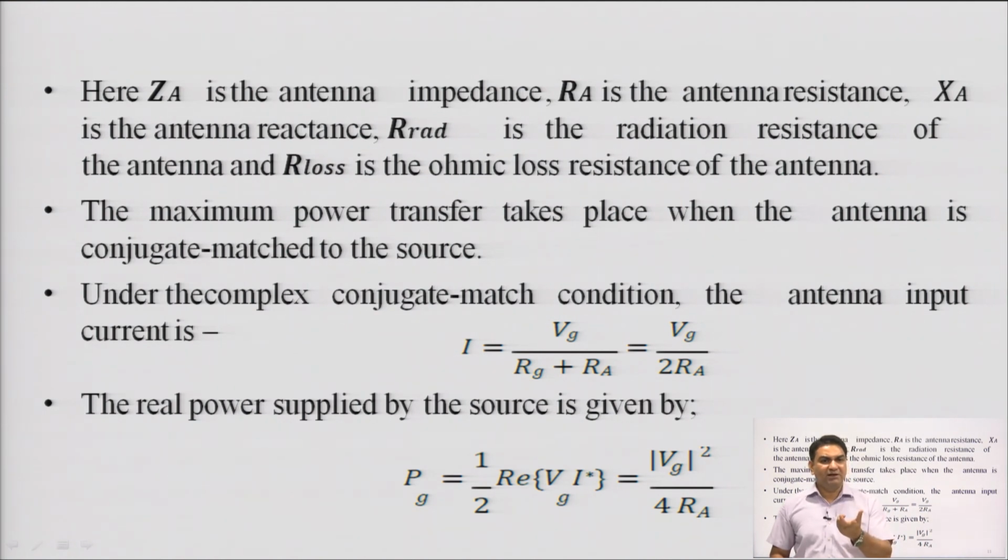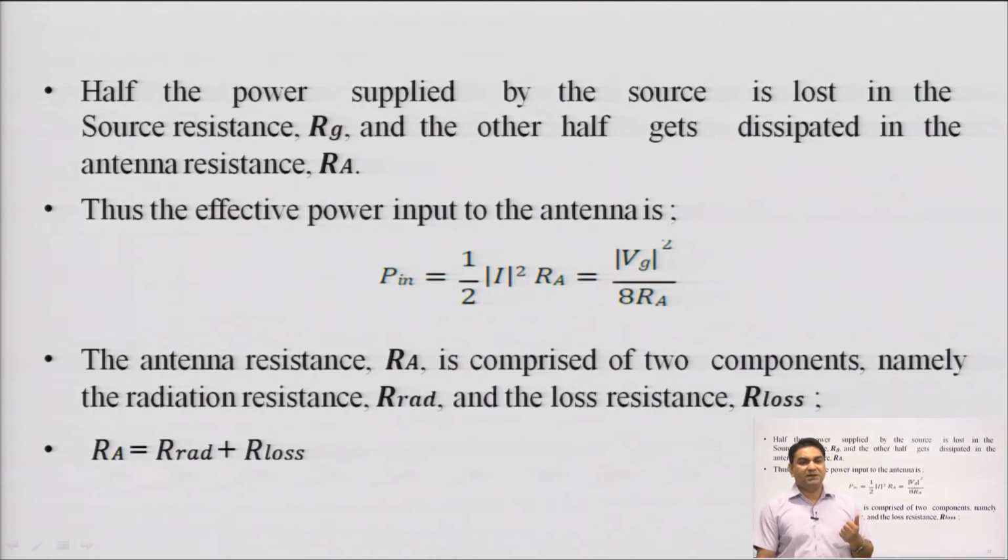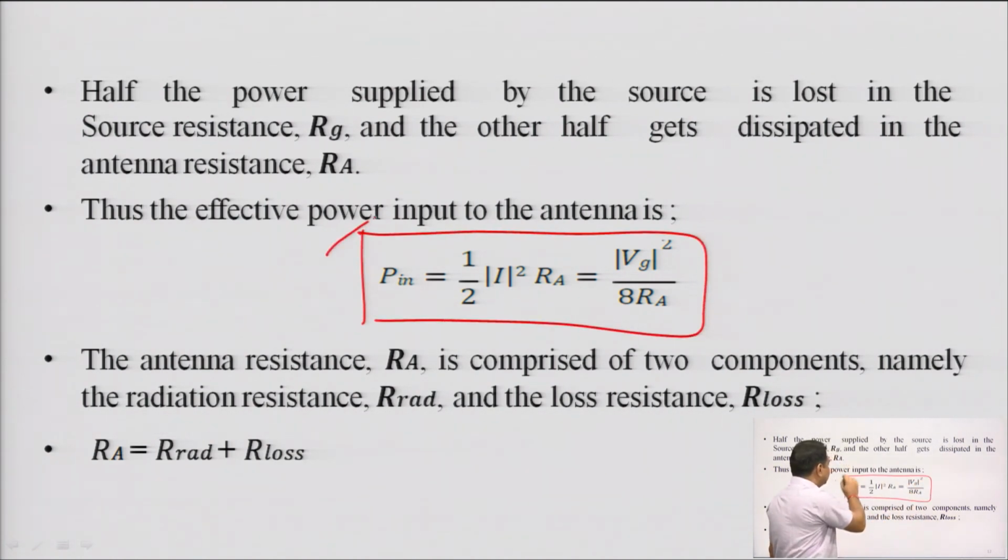Then the equation becomes like total power Pg is equal to the real part only, in the form of Vg squared upon 4 Ra, and by this we can define the antenna resistance, that is radiation resistance plus loss resistance. This is a very important formula, used with the maximum power transfer theorem for defining the total power.